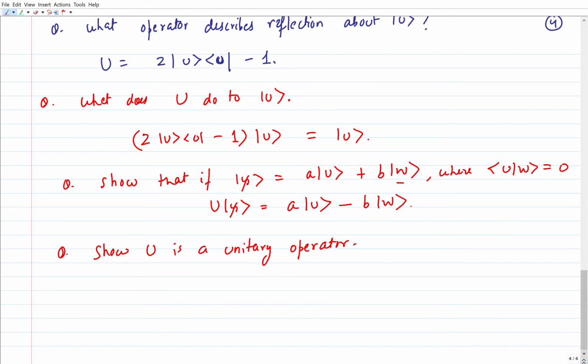So with these basics of geometry, let's go to Grover's algorithm. What's the basic idea?